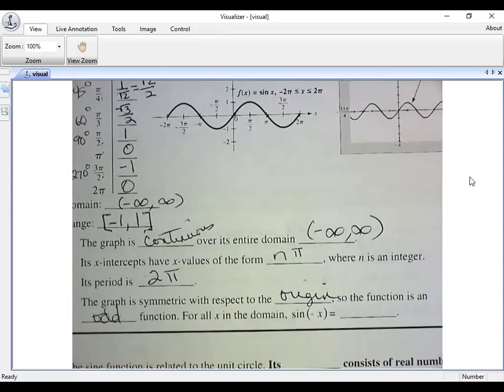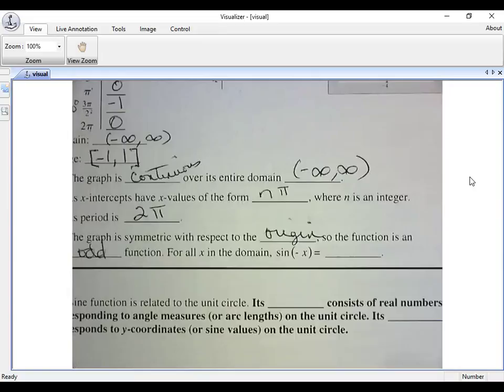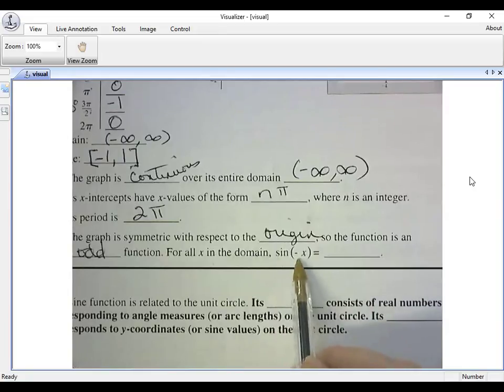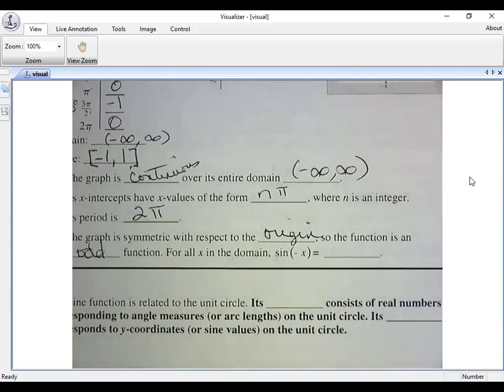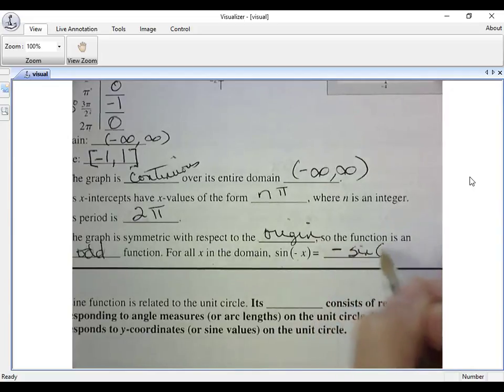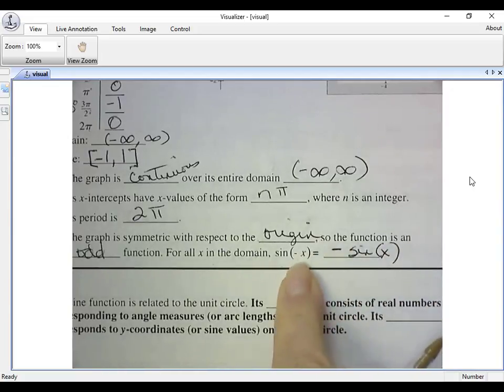If it is an even function, it's symmetric to the y-axis. If it's an odd function, it is symmetric to the origin. And for all values of x in my domain, it simply means if I were to replace my angle measure with the negative of that angle measure, it would make the output negative. So in other words, think about it this way.